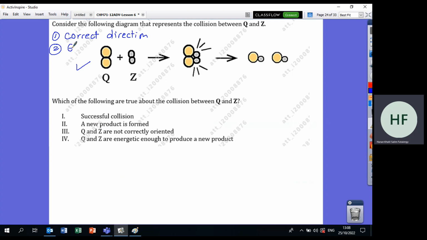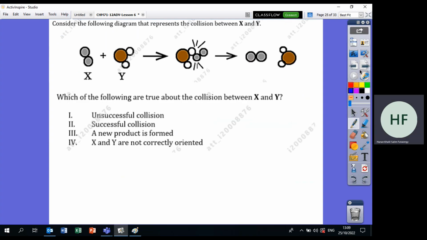And number two, there was enough energy. Now let's see the choices. This collision is successful, yes. A new product is formed, yes. Q and Z are not correctly oriented, wrong, because they are in the correct direction. Q and Z are energetic enough to produce a new product, yes. So 1, 2, and 4 are correct.